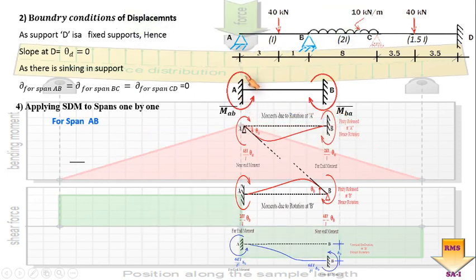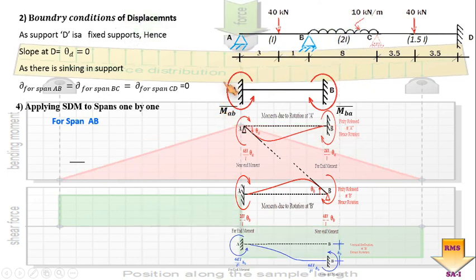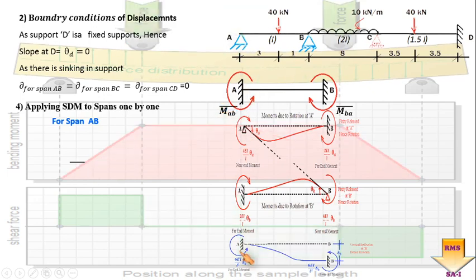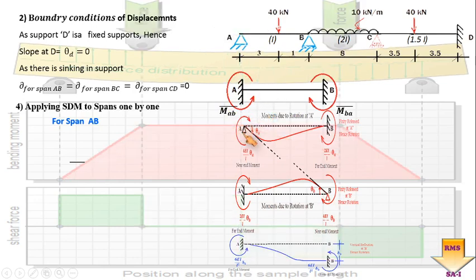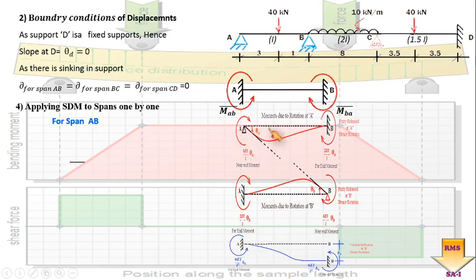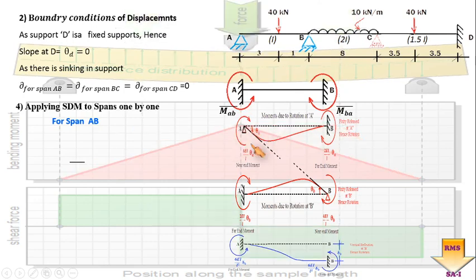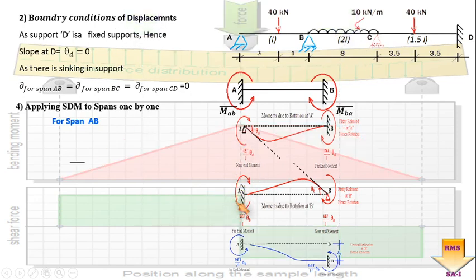In this we know what we have to do: if I have to find out the final value of MAB, it will be the effect of all that is present in this particular system, or I have to assume the various rotations depending upon the support condition assumptions, and we are going to work out the various parameters required for the development of the governing equation.